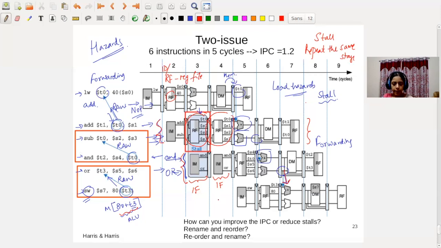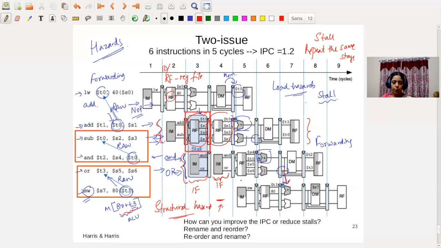So that is the reason why you do not see anything here. So ideally you see one fetch per cycle, but since the fetch itself is repeating here, you cannot fetch this instruction here. The reason is if you fetch the instruction here, you're going to have a structural hazard. So that's why you don't see anything here.